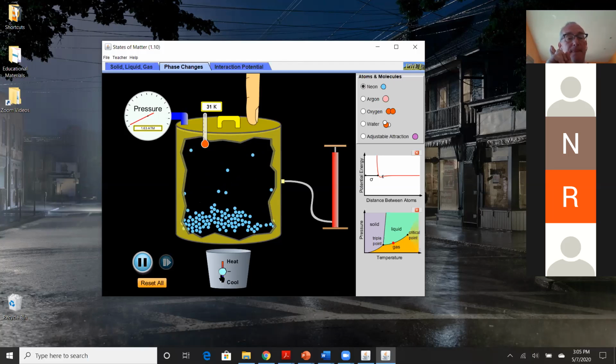Okay? Looks like 31's right on the nose. See how it's going up and down right around 1? I think 31 is pretty much perfect. So once the pressure hits 1 and it fluctuates in between, that's when we assume that it's the boiling point?